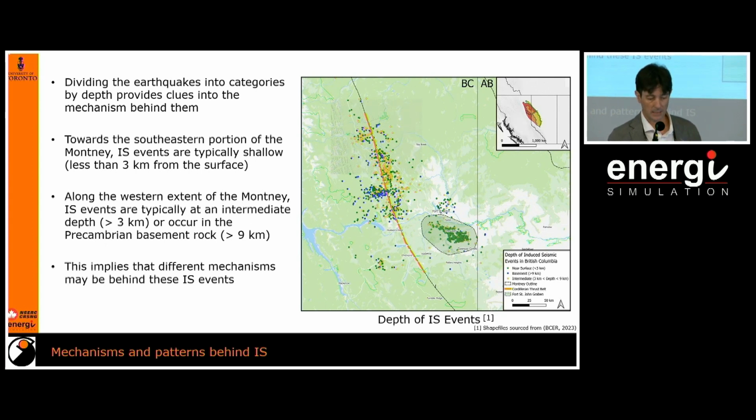The yellow and blue are much deeper, and these are associated with two geological formations. One is a graben area, the green, which makes sense. So this is where all the seismic events are located. The other one is close to the Cordillera thrust belt. Those events migrate to the basement and create much larger events.